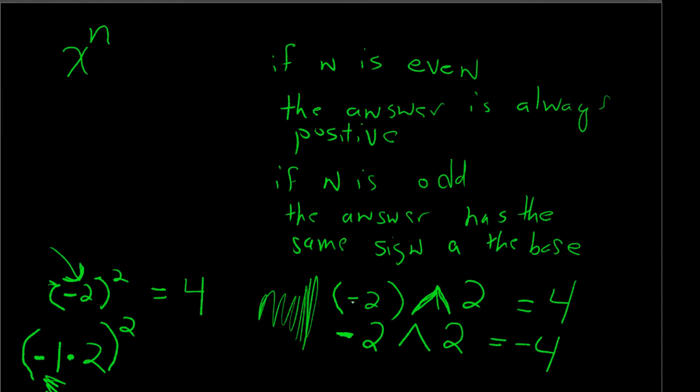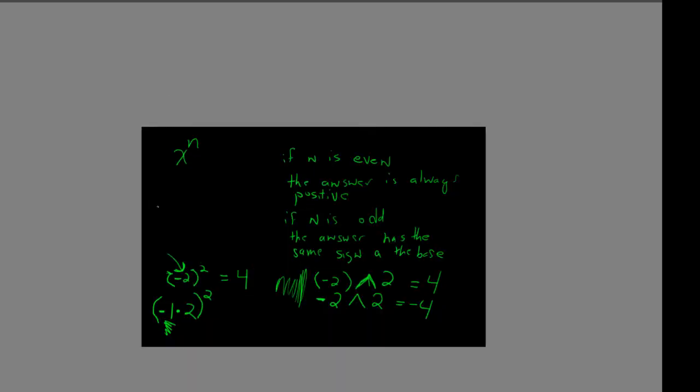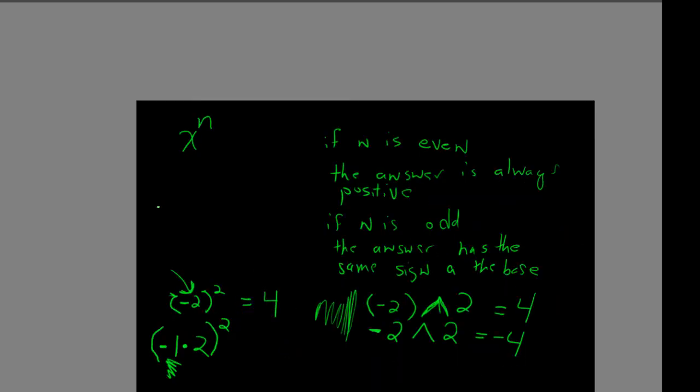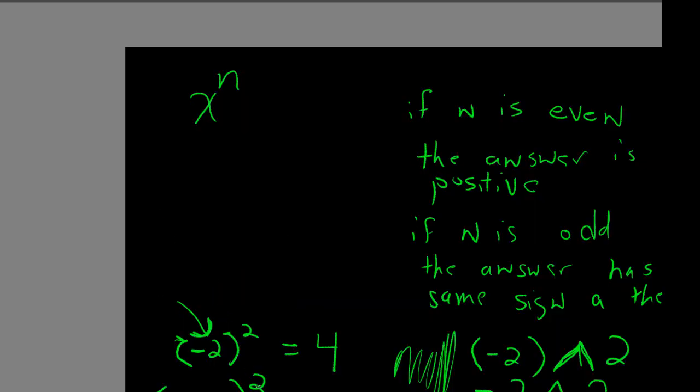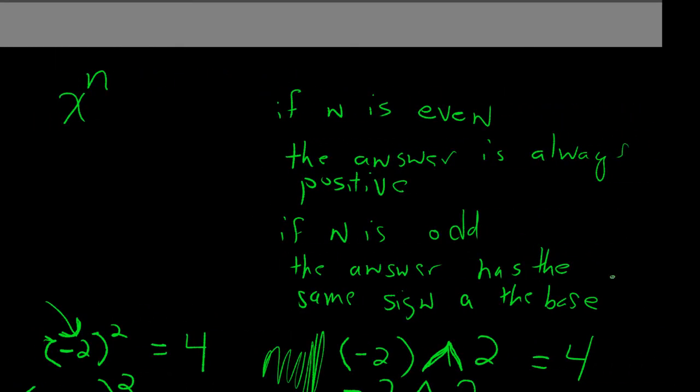So if you do parentheses, -2, parentheses, the up arrow key, which does vary, it's technically called a caret.